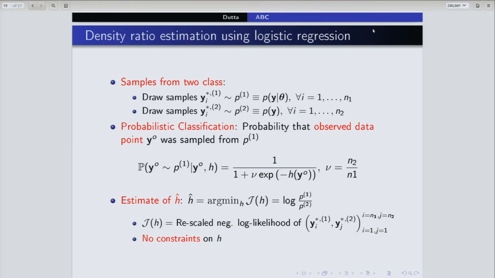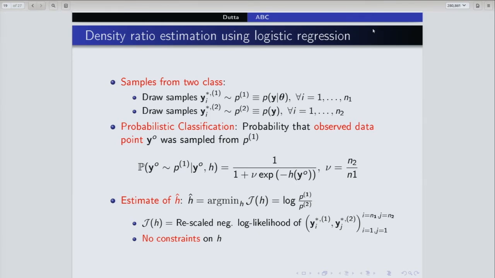We know from the logistic regression literature that if you compute this h hat, which is basically a likelihood function of the class indices, and you write the log likelihood and take the rescaled negative log likelihood of this whole data set, and then you write J(h) and minimize that, you virtually get h hat. And any statistical and mathematical software has this logistic regression solver. You will find it everywhere.